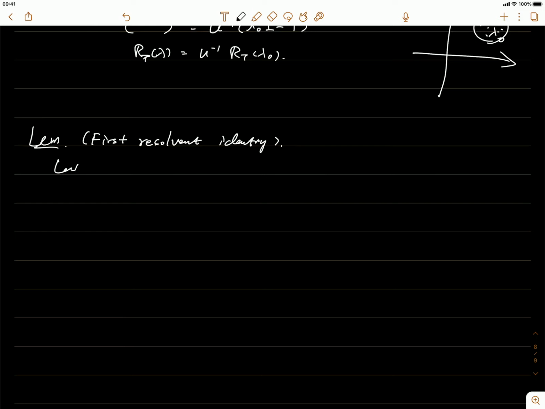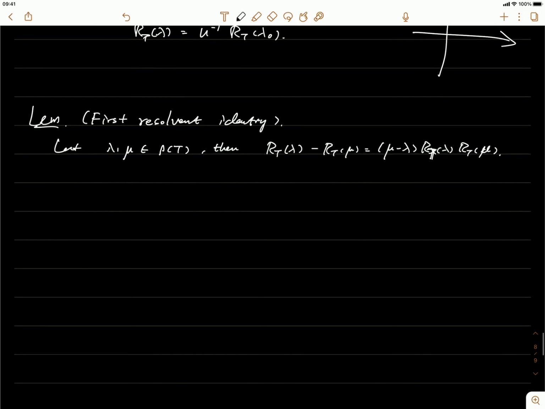Say let lambda and mu both be in the resolvent set. Then the resolvent at lambda minus the resolvent at mu is equal to mu minus lambda times the resolvent at lambda times the resolvent at mu. We're going to use this result several times later.